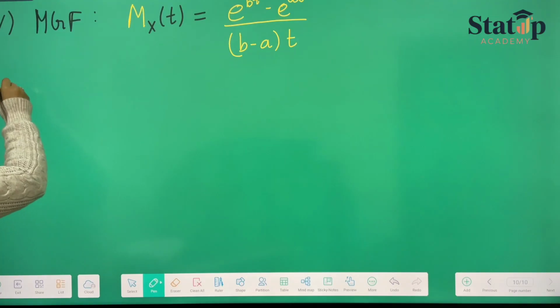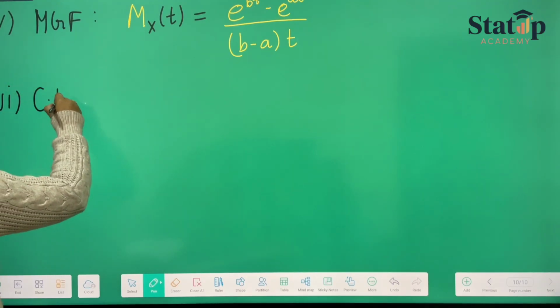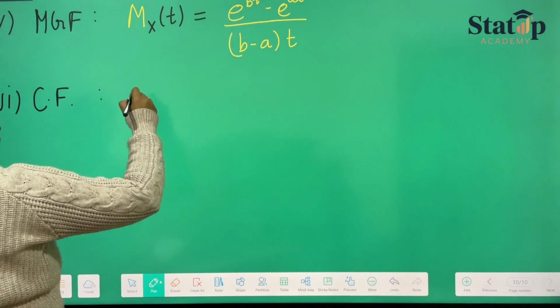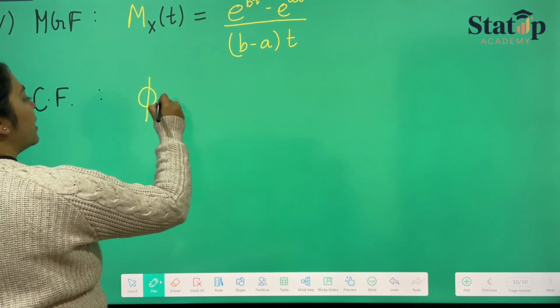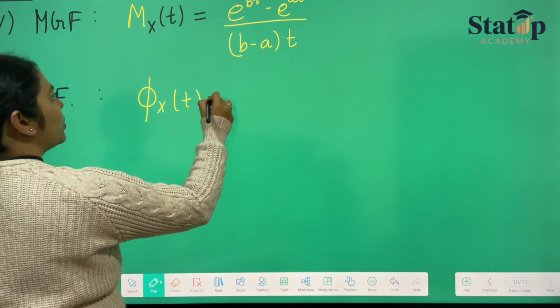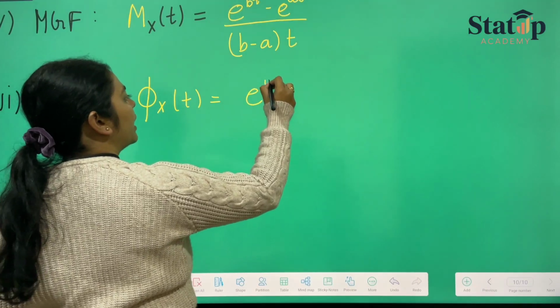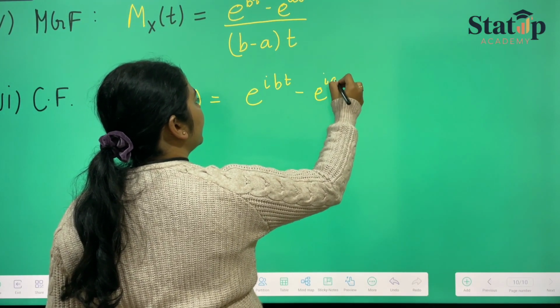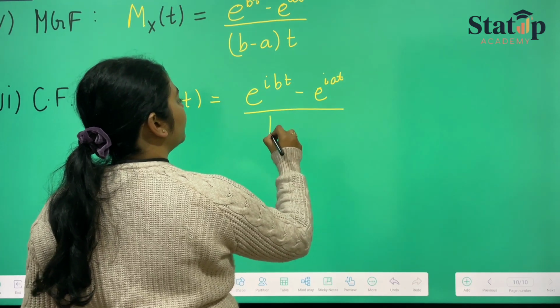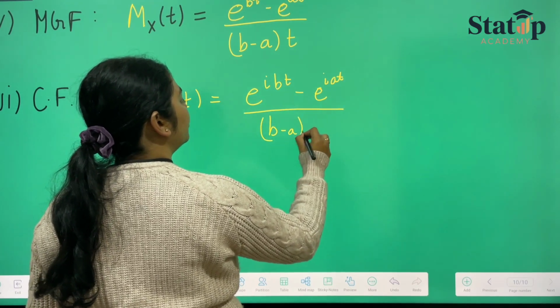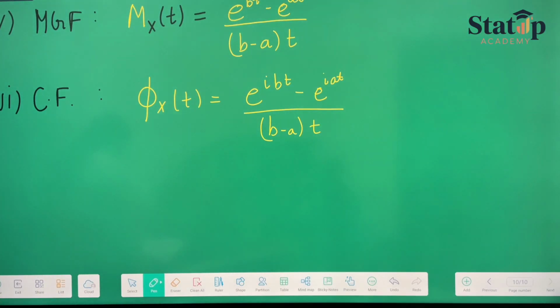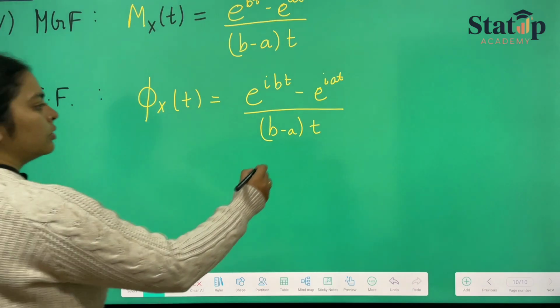And if we have to calculate the characteristic function for x following uniform distribution, then it is given by phi_x(t) equals e raised to the power i bt minus e raised to the power i at, upon (b minus a) into t. This forms our characteristic function of uniform distribution.